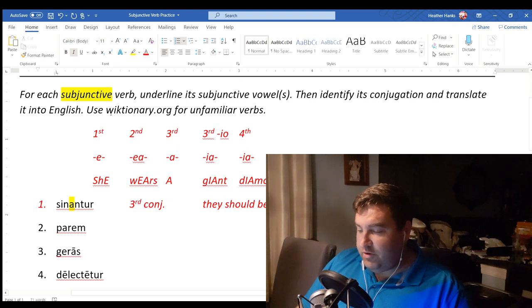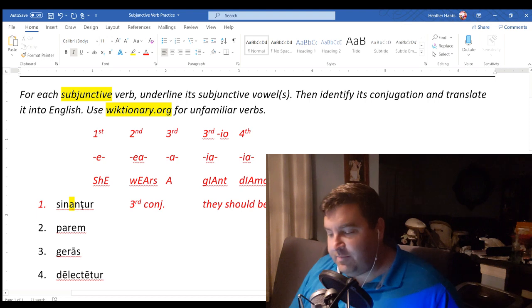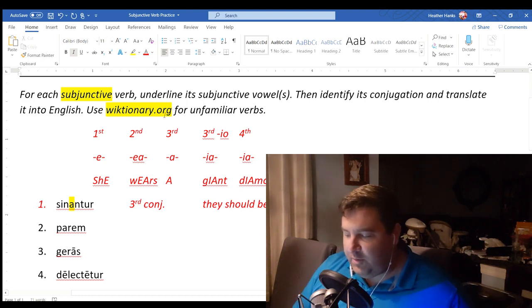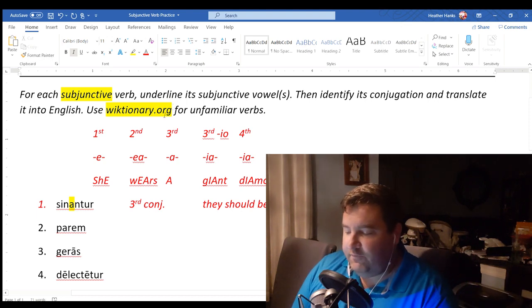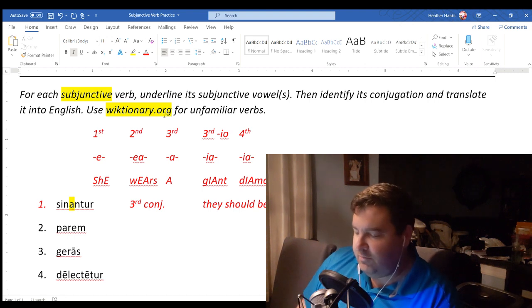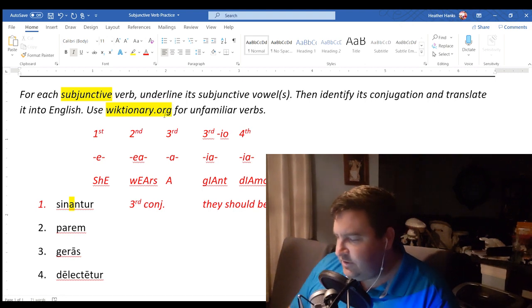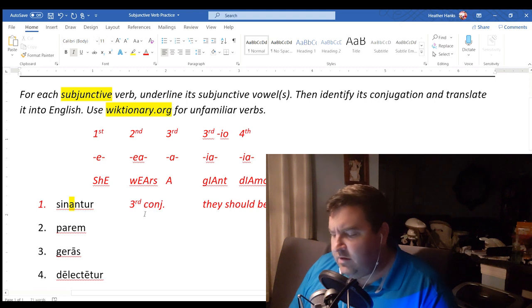If you had no idea what sino is, if you didn't know that it meant to allow, that's why I put in the instructions, use Wiktionary.org. If you go to that website, you can type in sinantur, or you can type in sino if you can figure out what the first principal part is. But if you just type the verb in, it'll figure out what it's from. Click on the Latin section of the Wiktionary page and check it out.